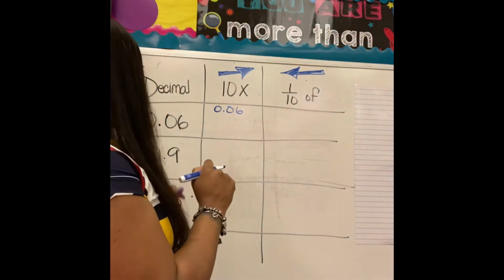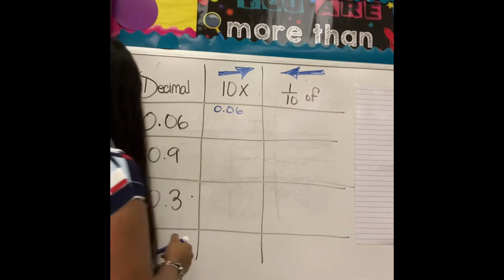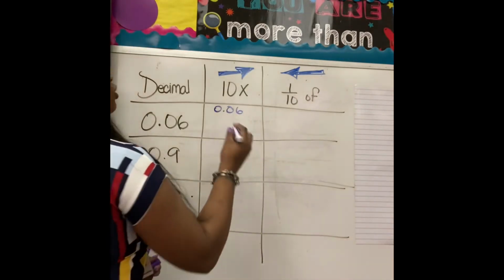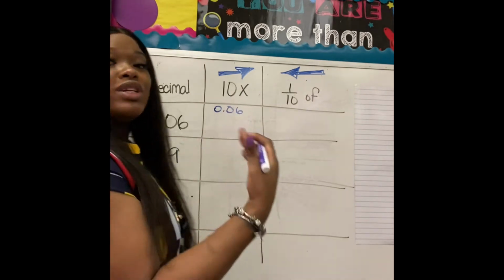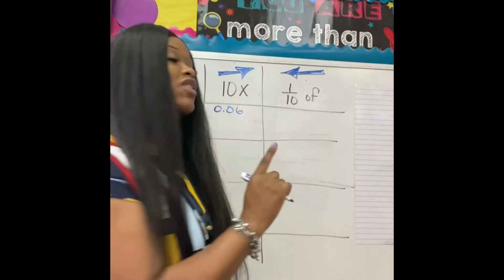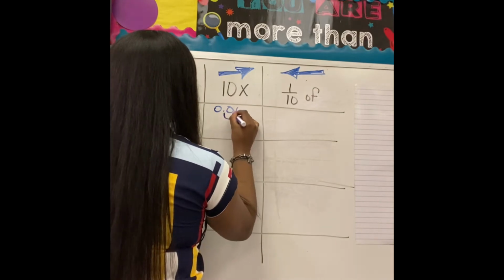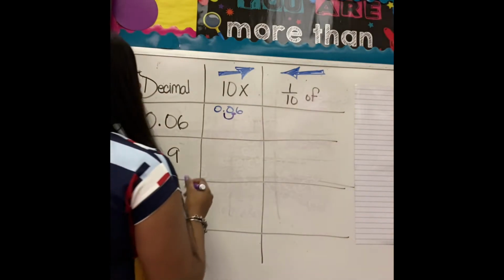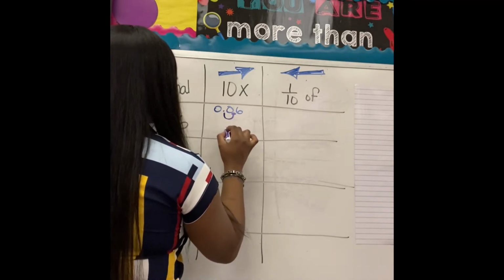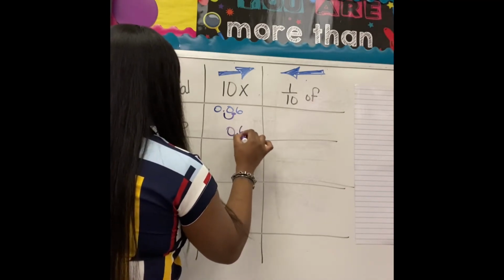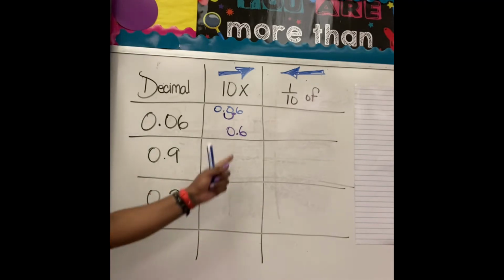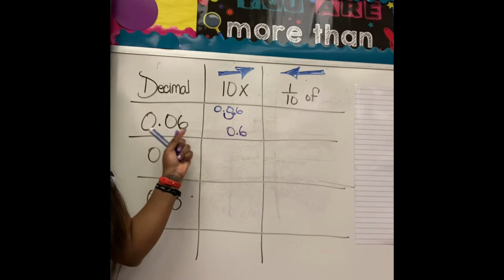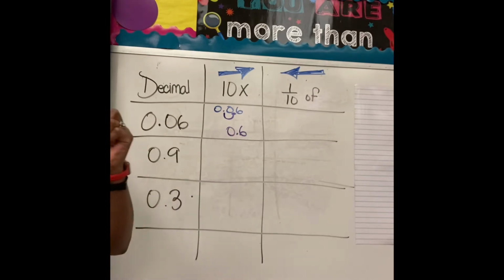I'm going to move my decimal here to the right. And being that it's only tenths, that is only one place value, so we're making one jump here to the right. So when I recreate my number, my decimal now is going to be in the tenths place. So 10 times greater than 6 hundredths will be 6 tenths.